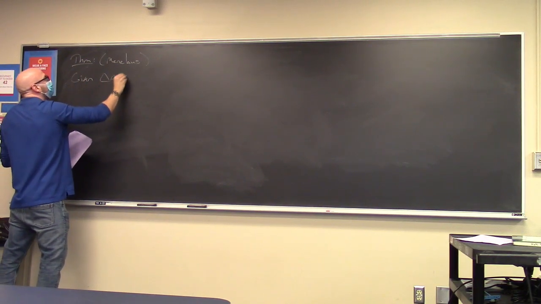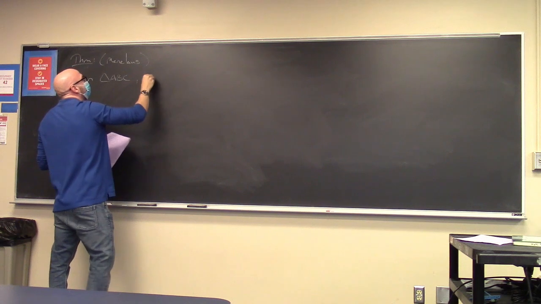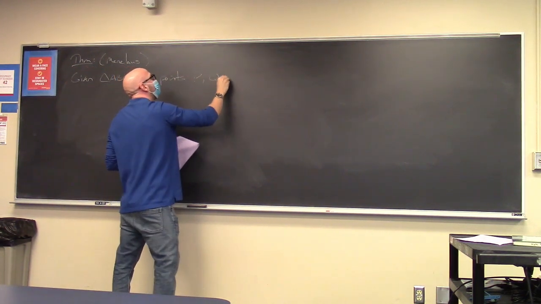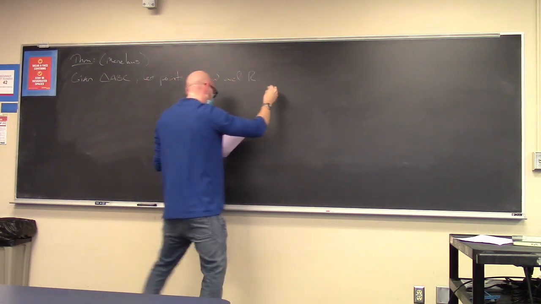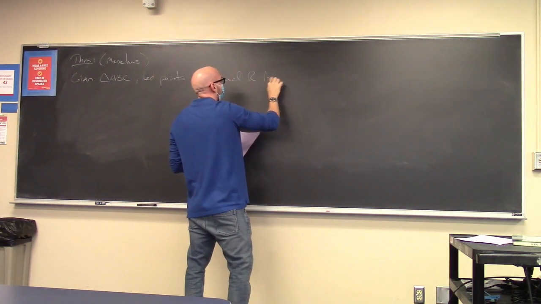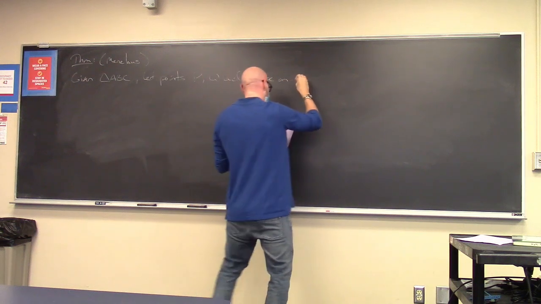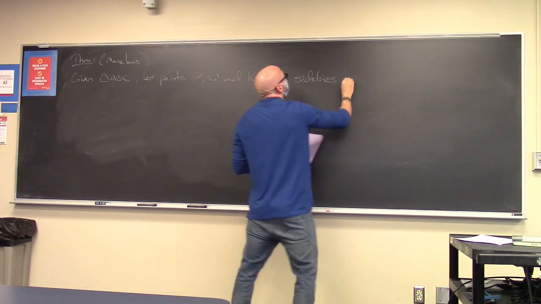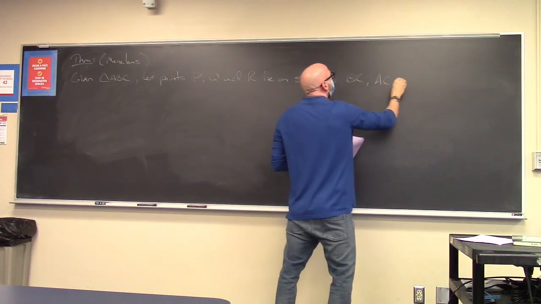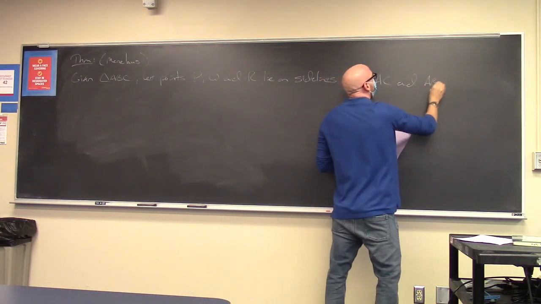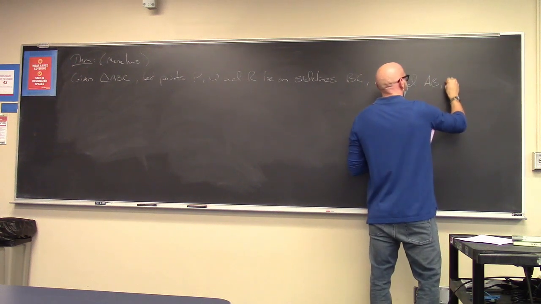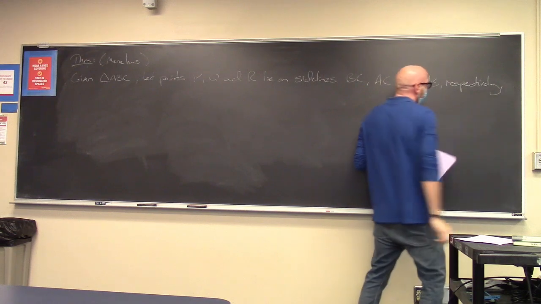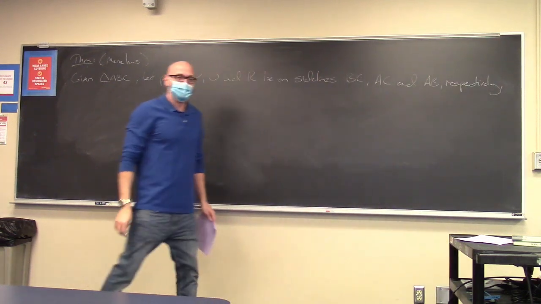Given triangle ABC, let points P, Q, and R lie on sidelines BC, AC, and AB, respectively, with the one catch that they're not allowed to be vertices of the triangle.